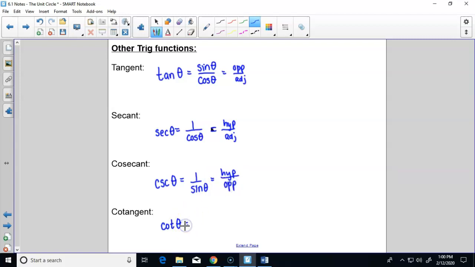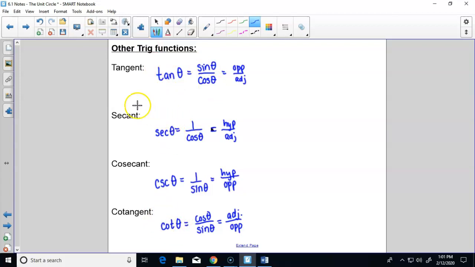And cotangent of theta is cosine theta over sine theta, which you could also say is adjacent over opposite. Now, we don't really need the adjacent opposite stuff for what we're doing right now. We need this sine, cosine.